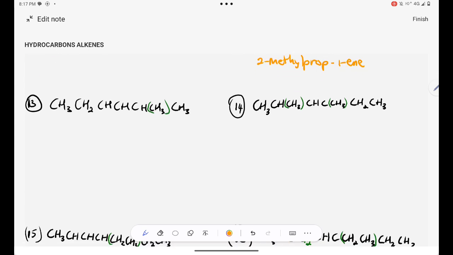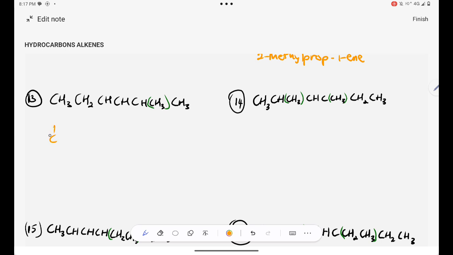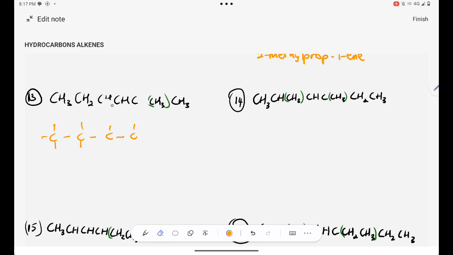Okay. And then for number 13, I simply have CH3. I have a CH2. I have a CH, another CH. To make it make sense, let me leave it like this.